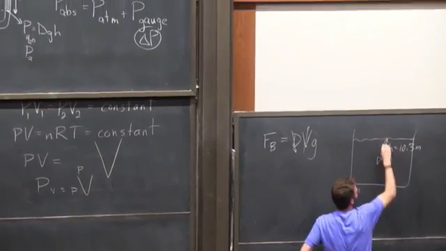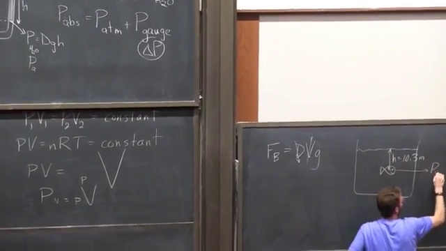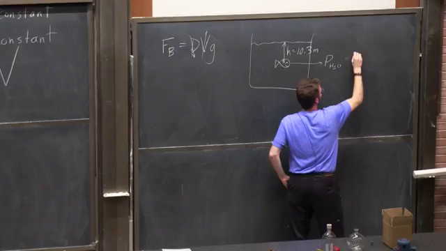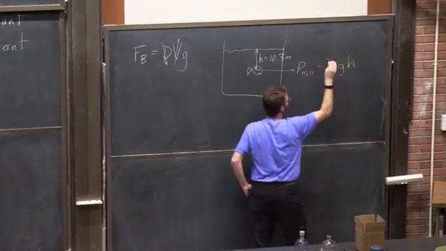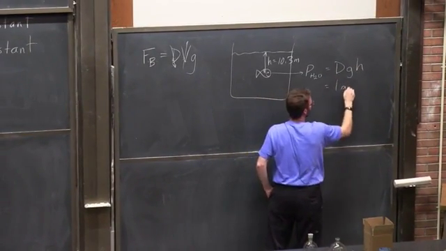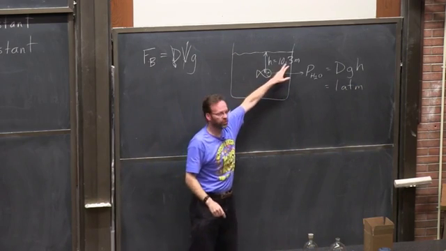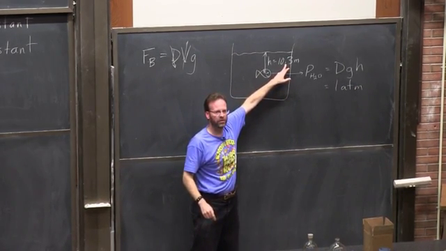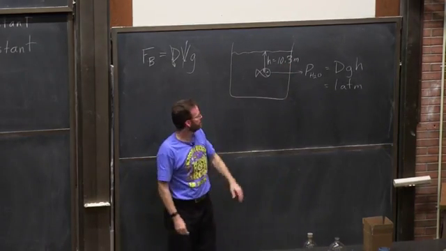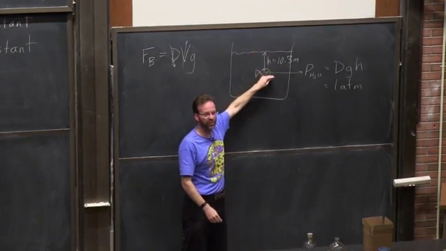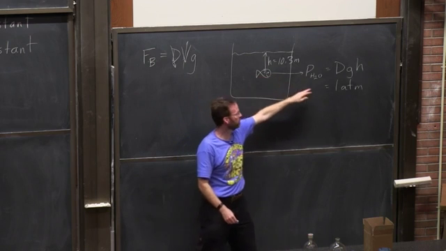So what's the pressure here due to the water? Density, gravity, height, you do all that, it comes out to be 1 atmosphere. Does that part make sense? So just from the water on top of me, I'm feeling a pressure of 1 atmosphere.